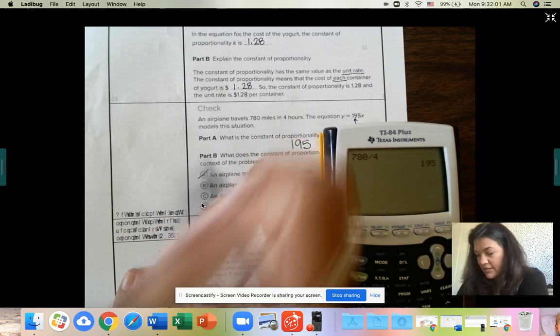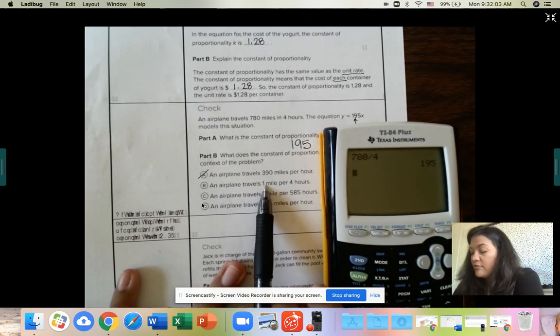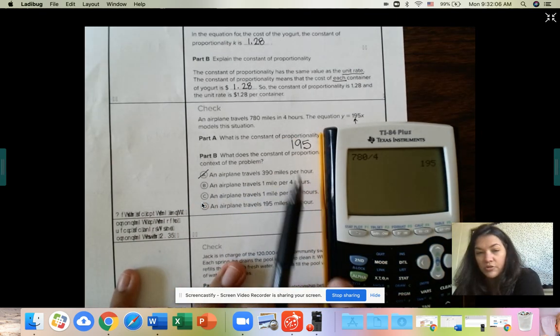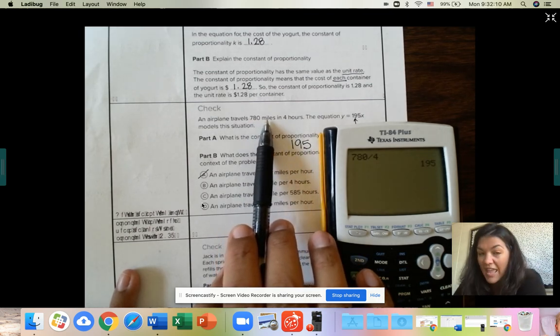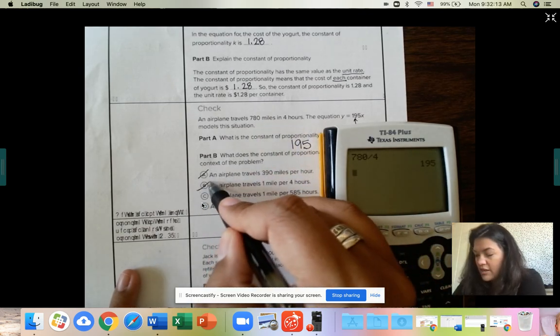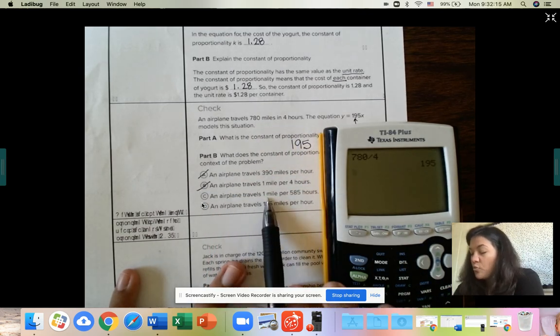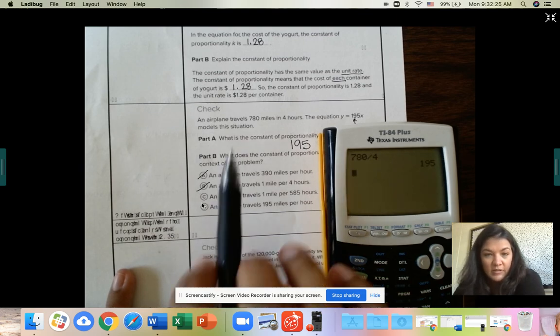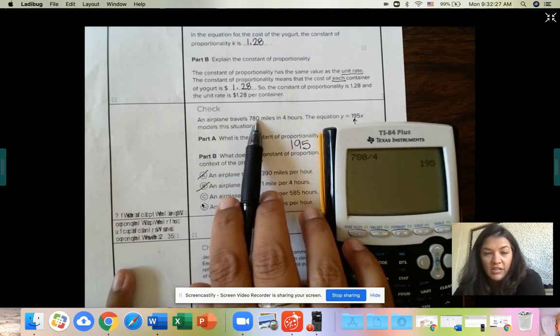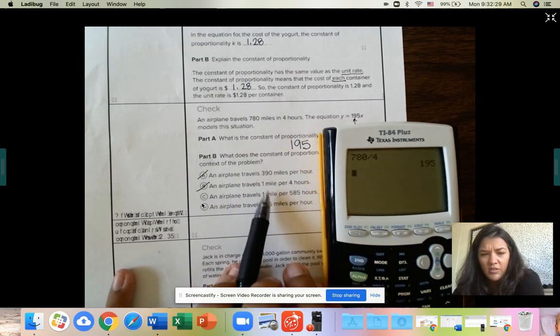So it is not A. An airplane travels 1 mile per 4 hours. Well, look back in the problem. That's not true. It said it went 780 miles in 4 hours. It's not B. An airplane travels 1 mile per 585 hours. Well, does that make sense? If it can go 780 miles in 4 hours, then why does it take 585 hours to go 1 mile?